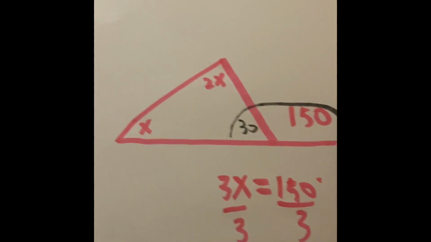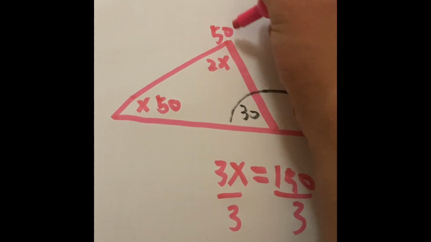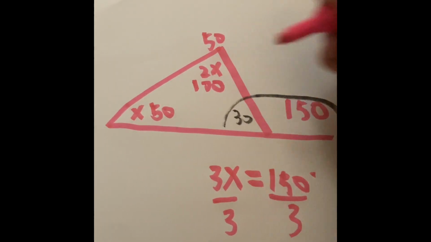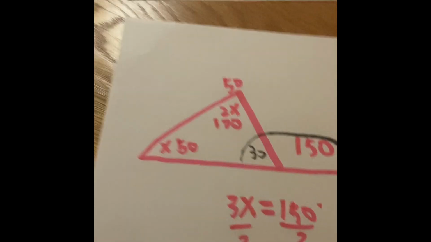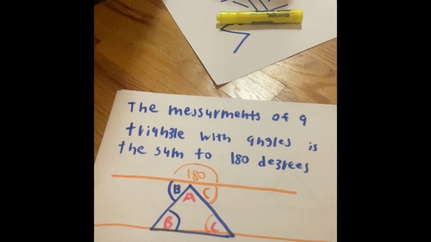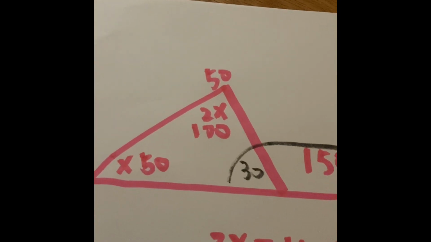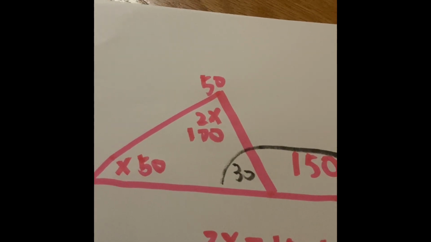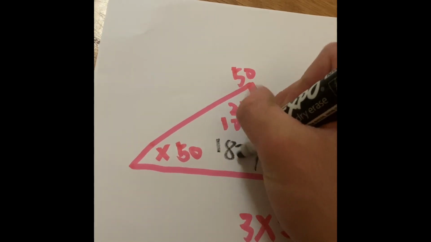So if x is going to be 50, this is going to be 50, and 50 is going to be inserted into here, so this is 100. So when we said about this theorem right here, there are two ways to check if this is true. One is inside the triangle. So 100 plus 50 plus 30 is going to be 180.